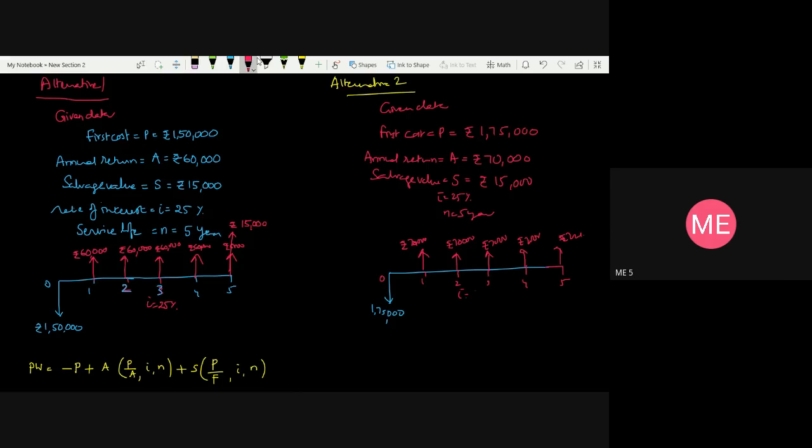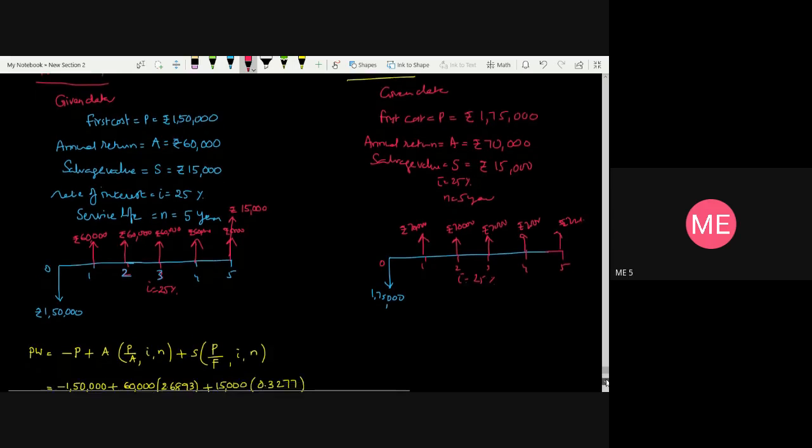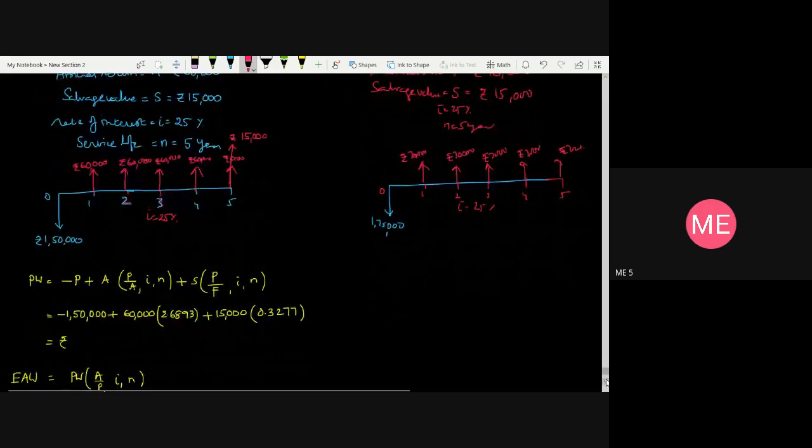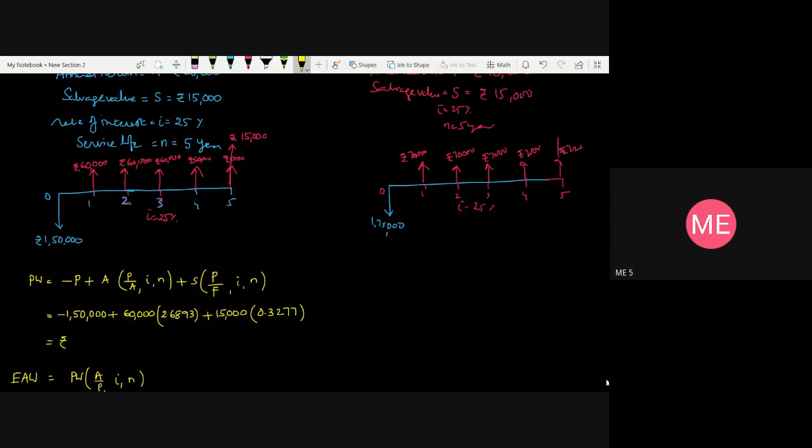So I is equal to 25 as it is. Then we calculate the present worth of this by using the equation. The salvage value is given as 15,000, so I'll be adding the salvage value at the end of the 5th year.